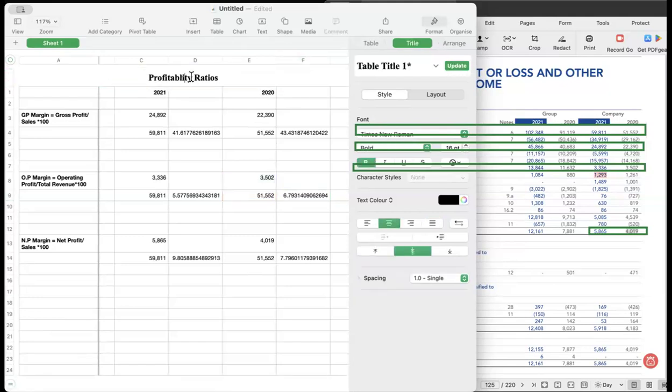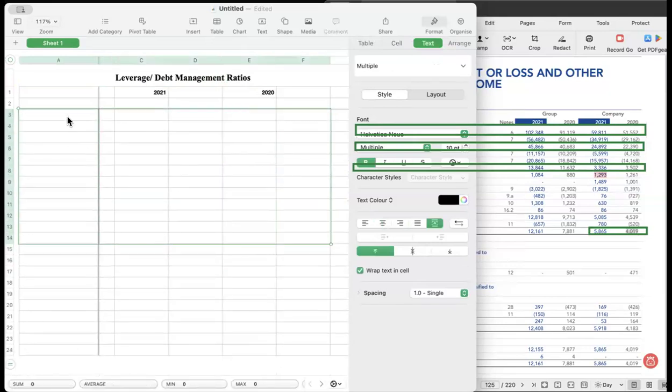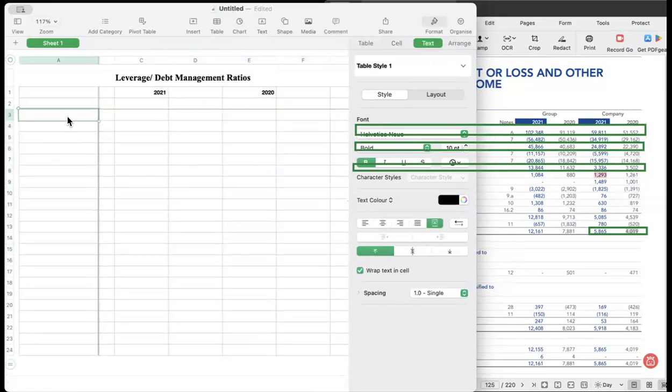Okay. Now let's move to the next one, which is leverage ratios, or you also call it debt management ratios. You can use any word. So I'm going to take this off. The gearing ratio formula that I gave you in the slide was this.